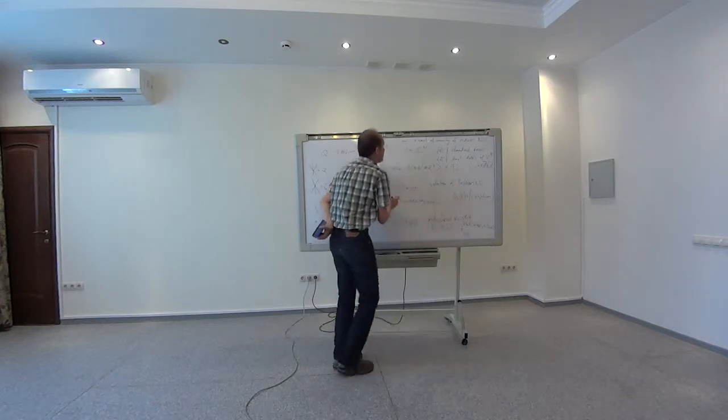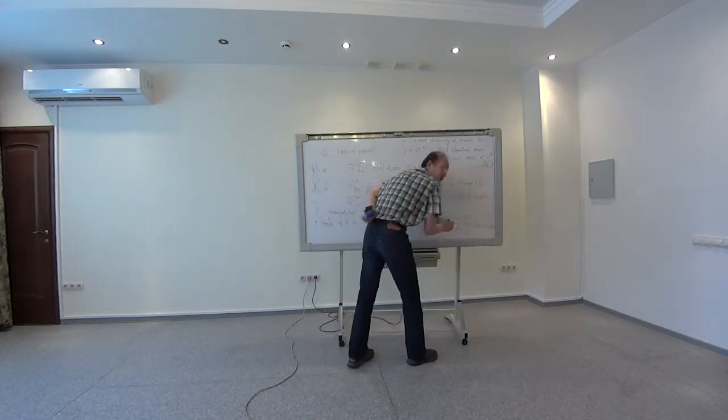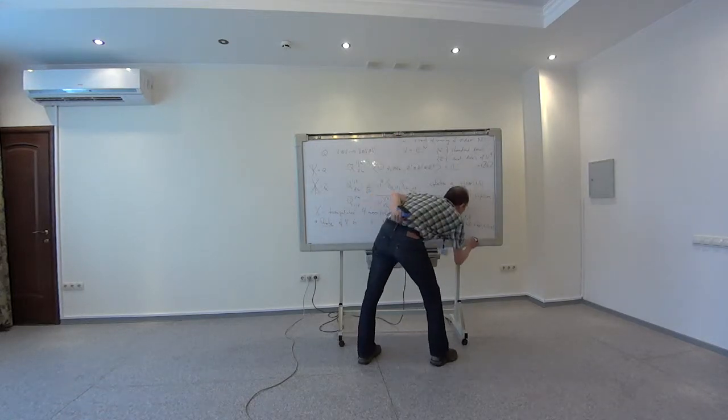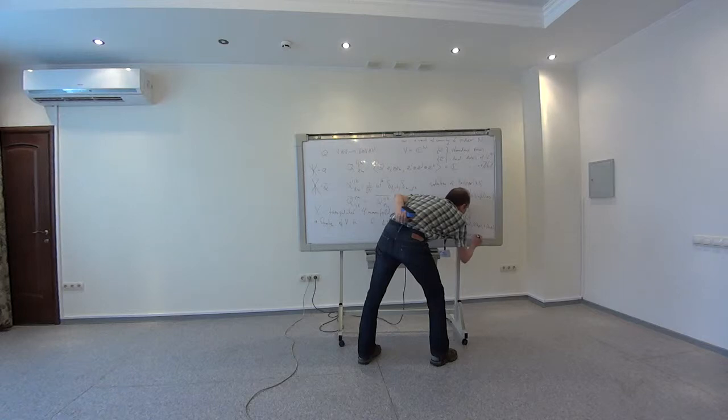I'm putting just the same thing as I had geometrically, but now instead of indices I put the colors.